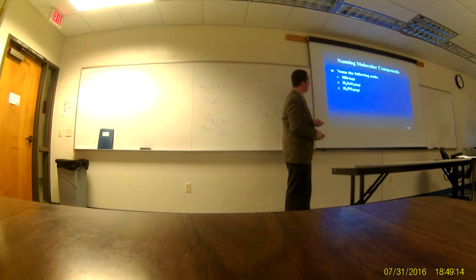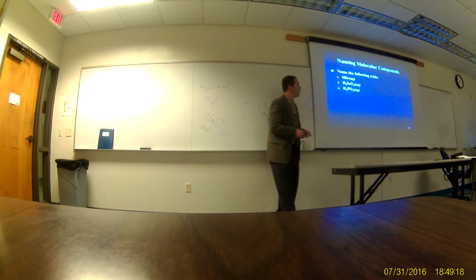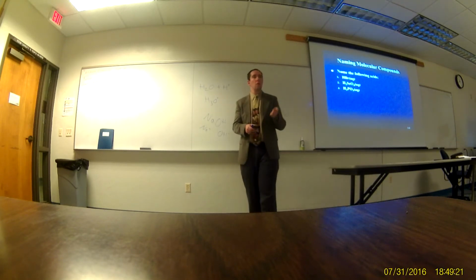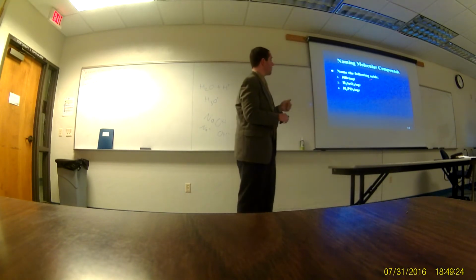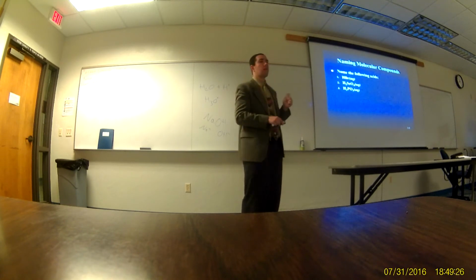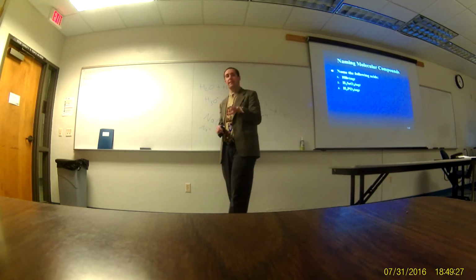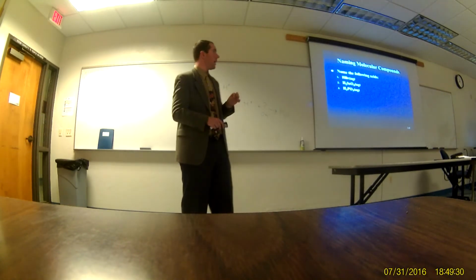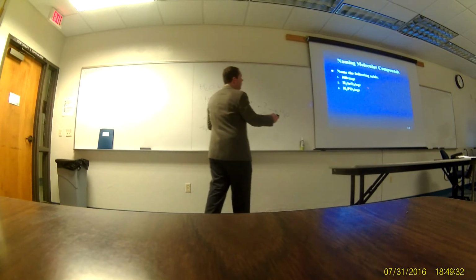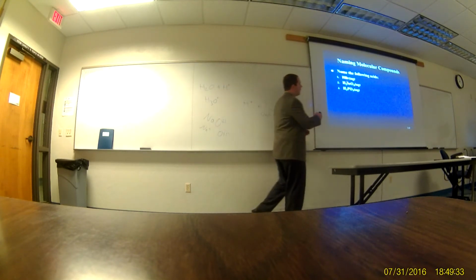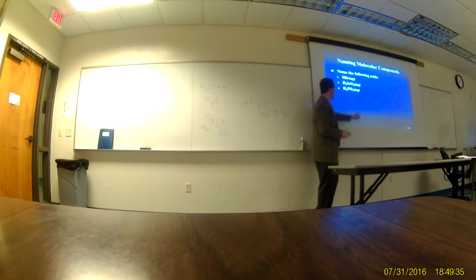Flow chart. So what would you name that? Hydrobromic acid. Because it's aqueous, that means it's dissolved in water. So it is in the acid form. So it's hydrobromic acid. This is not one of the polyatomic ions that was on your table. I'm going to tell you that is called selenate.